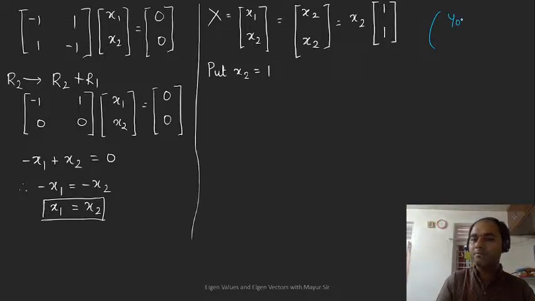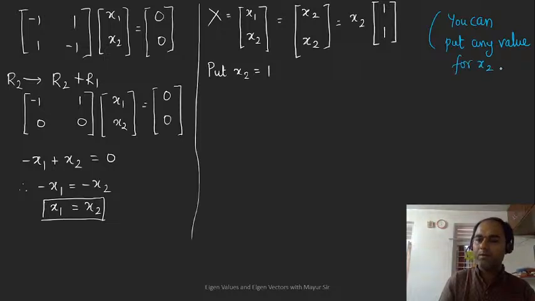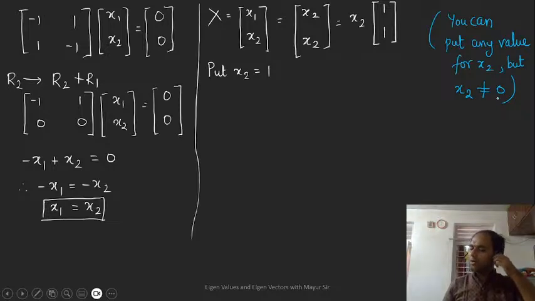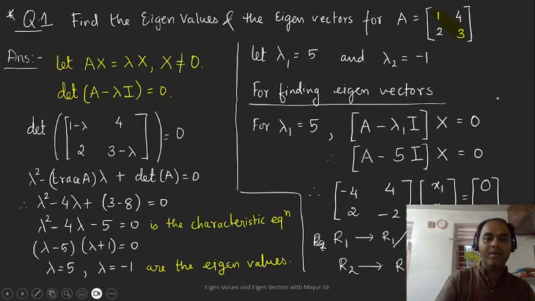You can put any value for x2, but x2 is not equal to 0. Remember that. You cannot put 0 here, because we have written down a very important thing in the beginning.